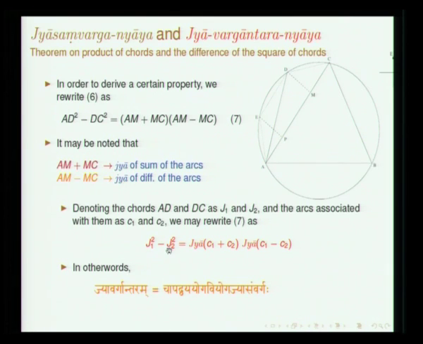The difference in the squares of the jyas is equal to, with C1 plus C2 being AM plus MC, the jya of C1 plus C2 into the jya of C1 minus C2. This we refer to as chapadvaya yoga viyoga jya samvargaha: the difference in the squares of the jyas is equal to jya of C1 plus C2 into jya of C1 minus C2.